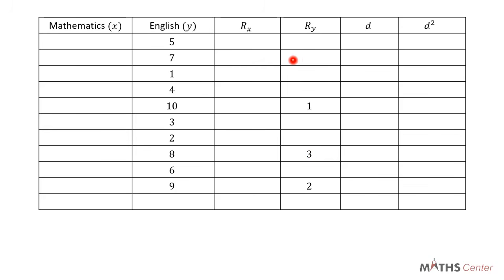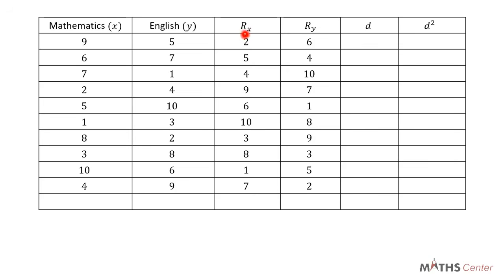The one after that is 7, rank of 4. Then 6, rank of 5. Then 5, rank of 6. The next one is 4, rank of 7. The next one is 3, rank of 8. The next one is 2, rank of 9. And the last one is 1, that will have a rank of 10.